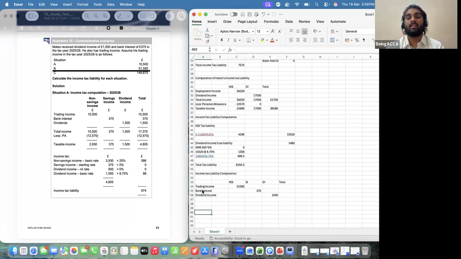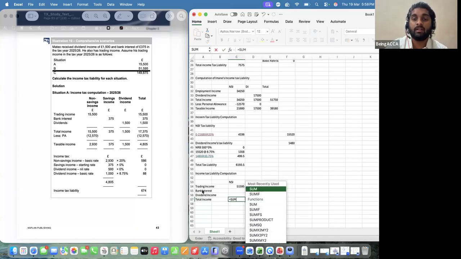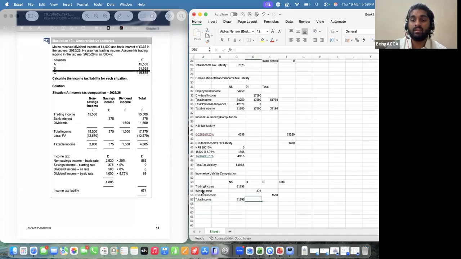Now this is our scenario, making the total income for non-savings equal to this because there are no other incomes. For savings income, it would just be the bank interest received. For dividend income also, it's just the dividends of 1500 received. The total will now be the sum of all of these, 53,470.